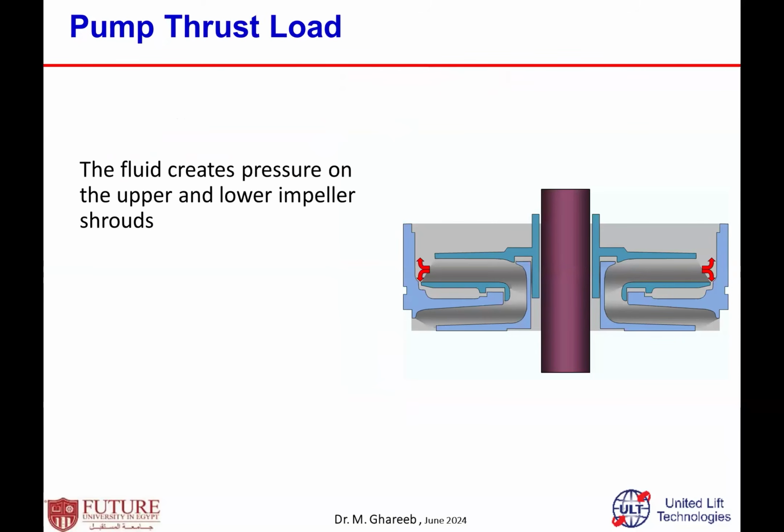One of the important things you have to consider when you are running your ESP is how the stage is running itself. You have to run the stage in very good conditions in order to have a longer running life.